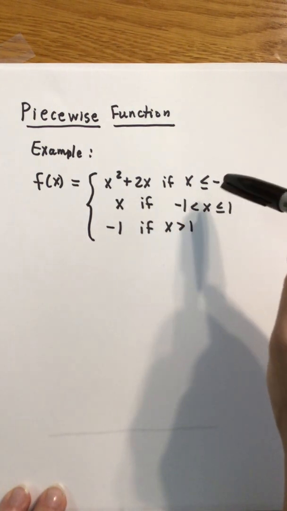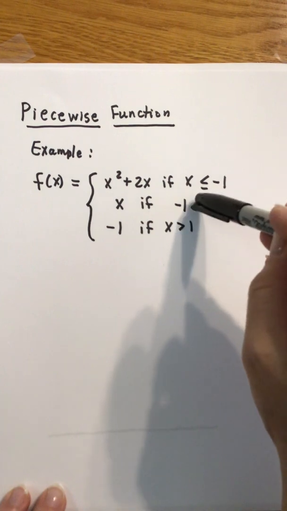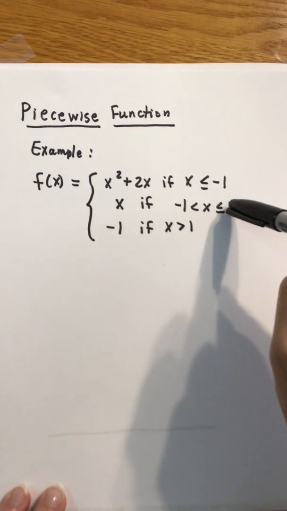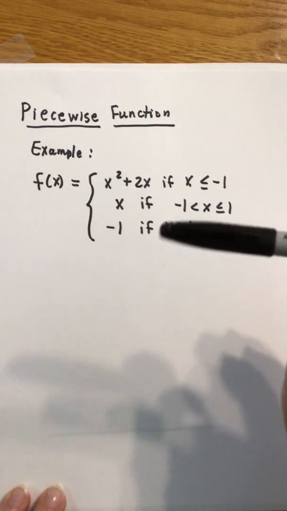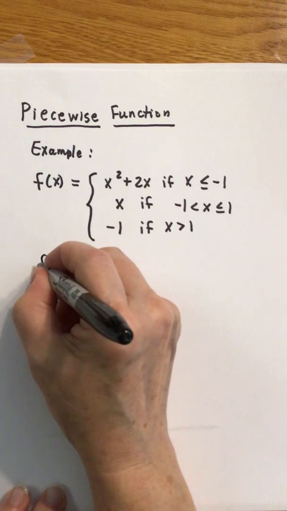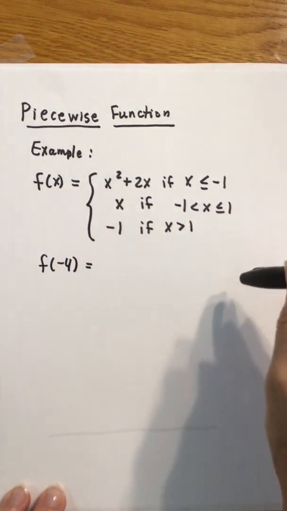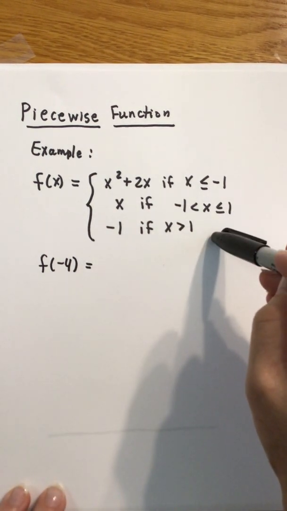The thing that we want to be aware of is, see how this one goes up and includes negative 1, whereas this one doesn't include negative 1 but goes up and includes positive 1, and this one is going to be from greater than 1. So an example, f of negative 4. We have to decide, where is negative 4 in these three pieces of the domain?